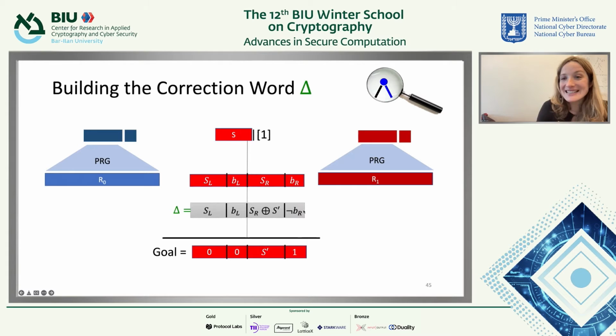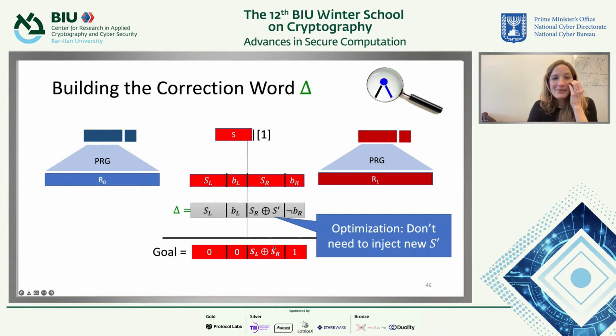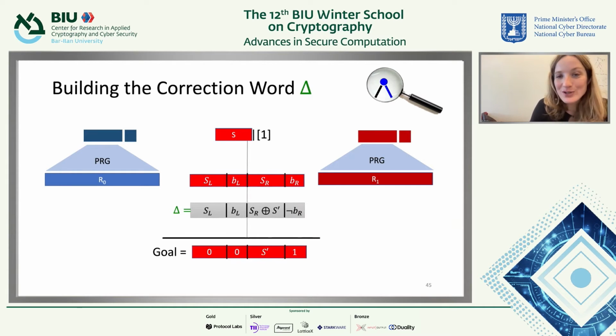So what I'm going to put here is the opposite. Basically, this is whatever the BR is plus 1. This is the negation of BR. And here, technically, if I'm trying to get to some string S prime, what I should put here is SR plus S prime, and this will cancel out the SR and give you S prime. Okay, so let me say that actually, this works.